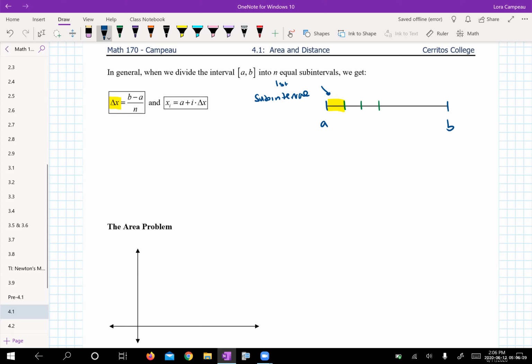So if you're looking at the first subinterval, the endpoints would be a, which is x sub 0, and x sub 1. And then you're playing around. If you're counting, we have x sub 2, x sub 3, and then if we have a break because we don't know how far we're going, we can start up again with the same distance. And this is what they called the ith subinterval.